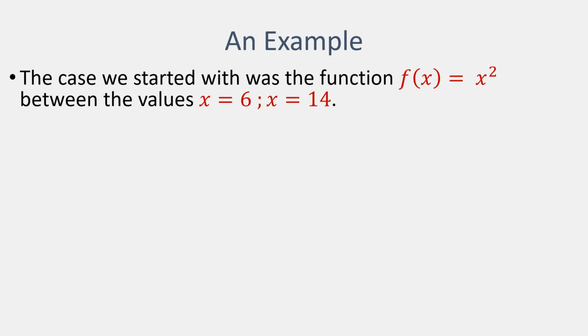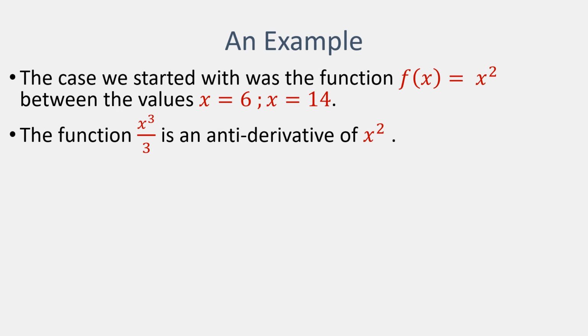So here's an example. Let's go back to the case we started with. The function f of x is x squared between the values 6 and 14. It's not too difficult to see that the function x cubed divided by 3 is one antiderivative of the function x squared.